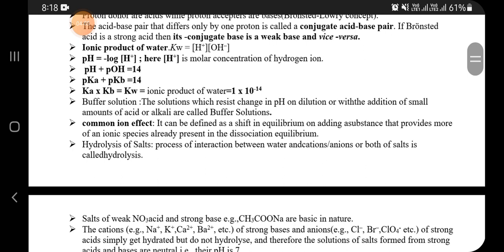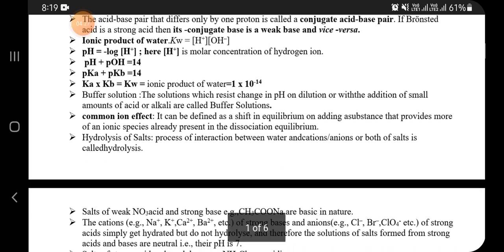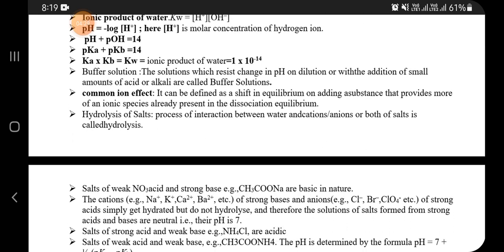Ionic product of water, Kw, equals molar concentration of H plus ions times molar concentration of OH minus ions. pH equals minus log of H plus ions; here H plus is the molar concentration of hydrogen ions. pH plus pOH equals 14. pKa plus pKb equals 14.